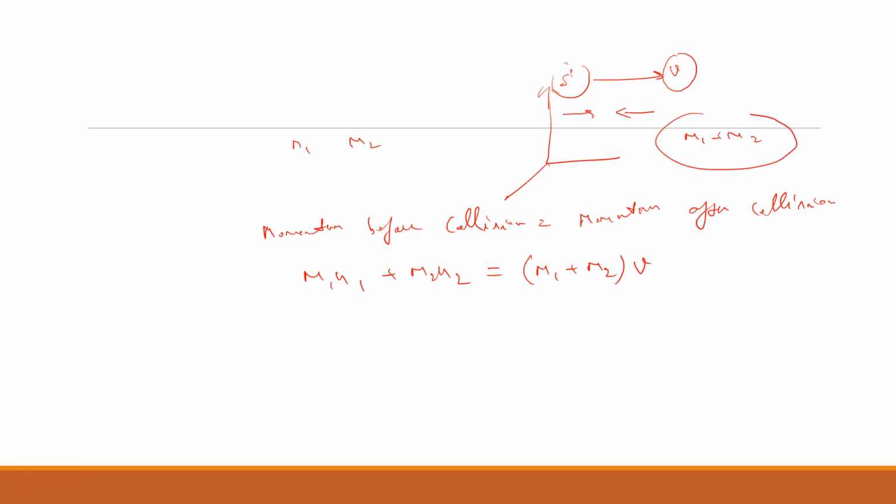Their individual velocities will become zero, but they will travel with a velocity v. So this will become m1 v plus m2 v, or m1 (u1 minus v) equals m2 (u2 minus v).